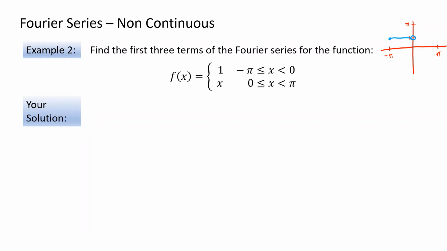So the first one, you'll have a solid circle here, and it's just equal to x. So it ends up being just a line all the way until x is equal to pi. And at that point, again, you'll have an open circle. And what happens is it will continue. Okay, so now f of x equals 1. So that is a non-continuous function.